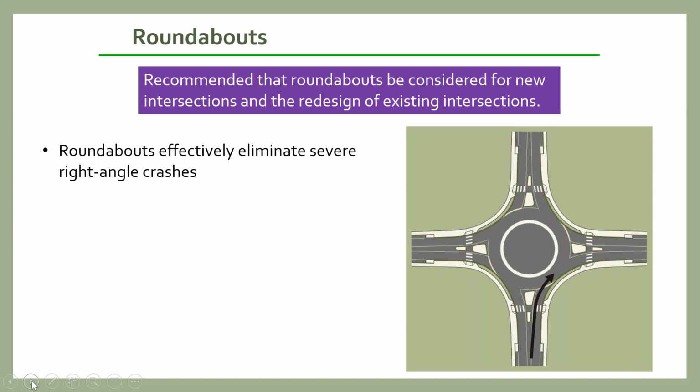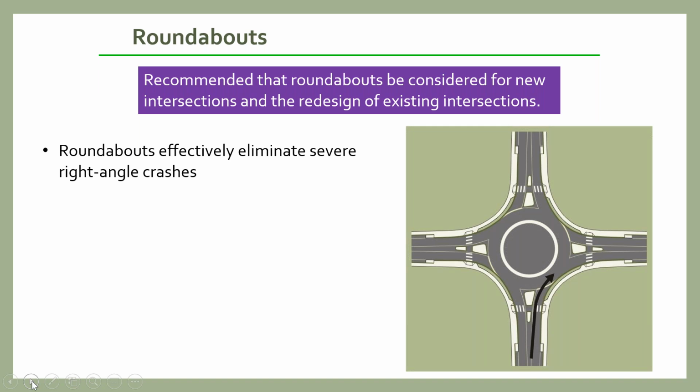So I've already talked about the problem of a permissive left turn at a signalized intersection, or the problems of judging gaps in traffic as we're coming out of a minor street or a driveway. Well, a roundabout simplifies things so much.